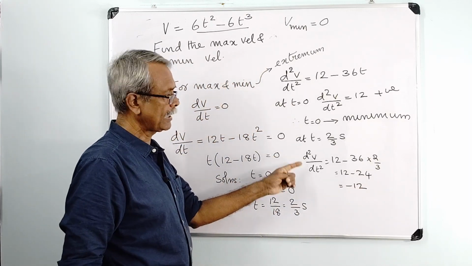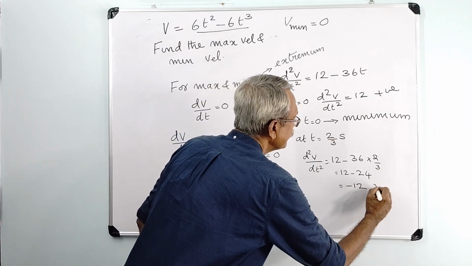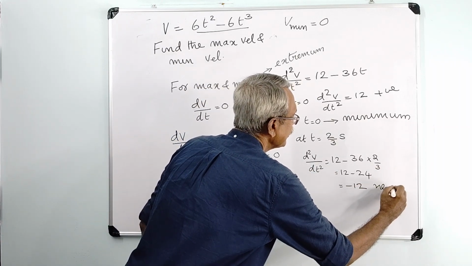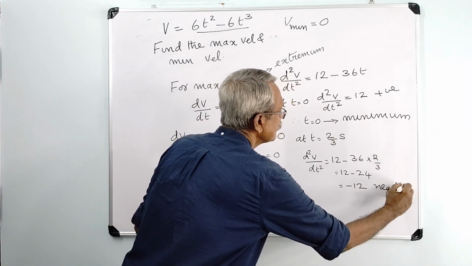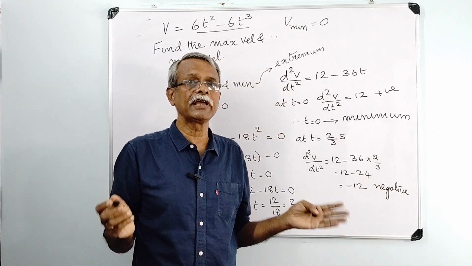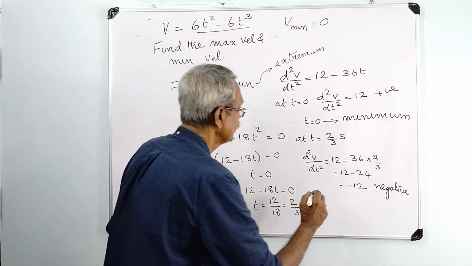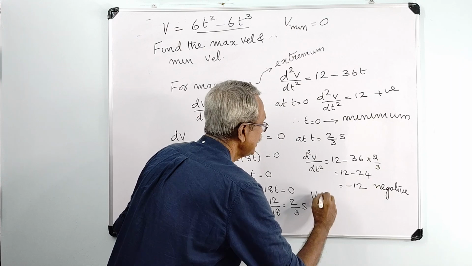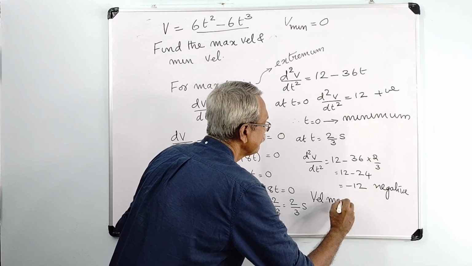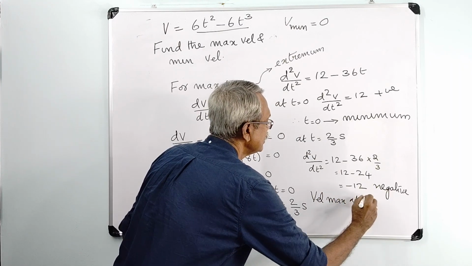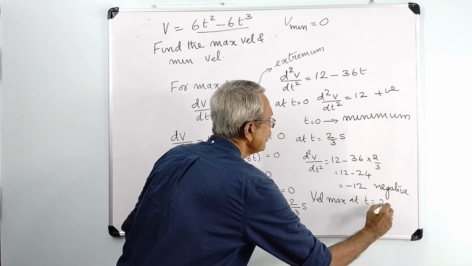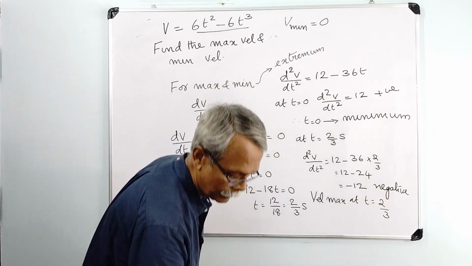Therefore, the second derivative is negative. When the second derivative is negative, it is a maximum. Therefore, velocity is maximum at t equal to 2 divided by 3.